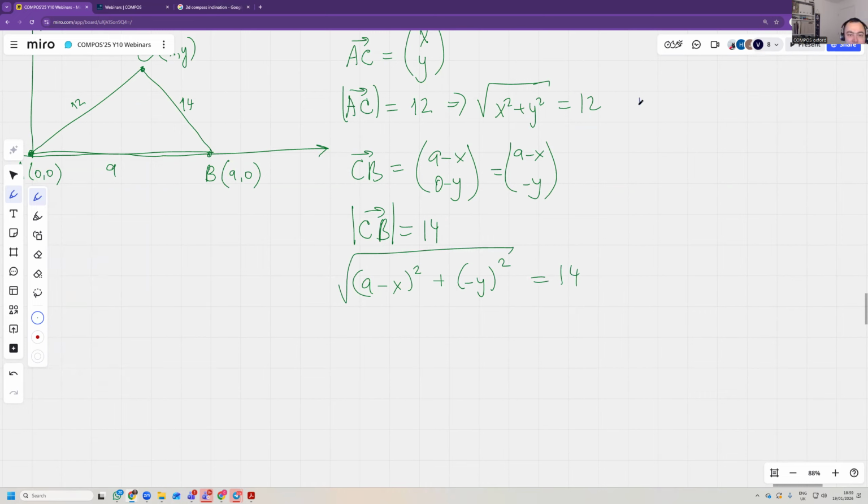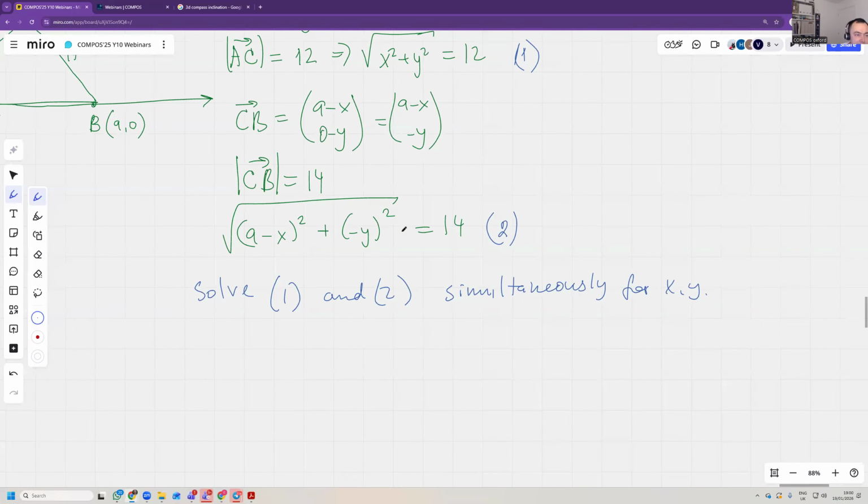And we can use this first equation and second equation to solve for x and y. Solve 1 and 2 simultaneously for x and y.